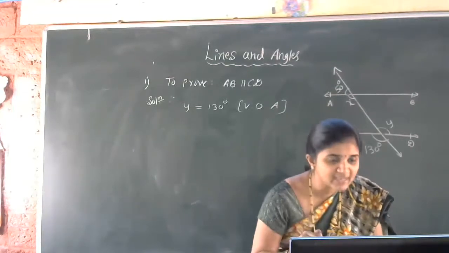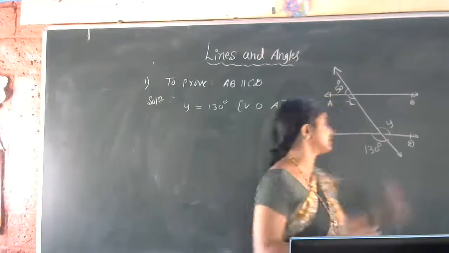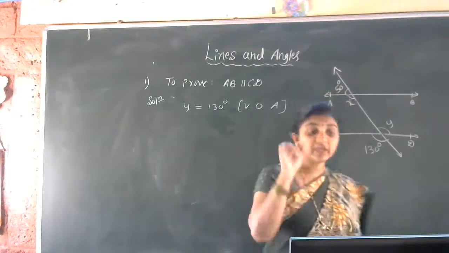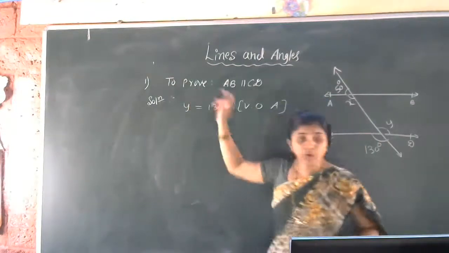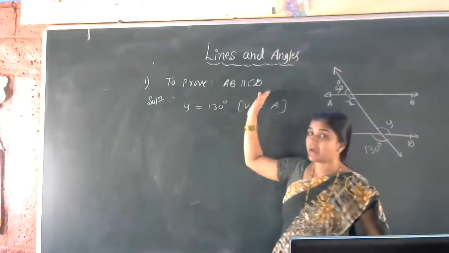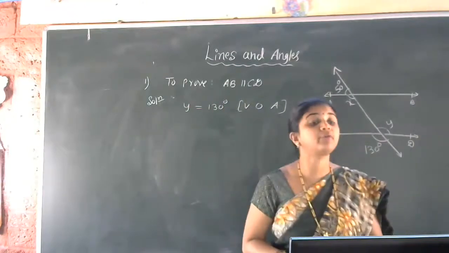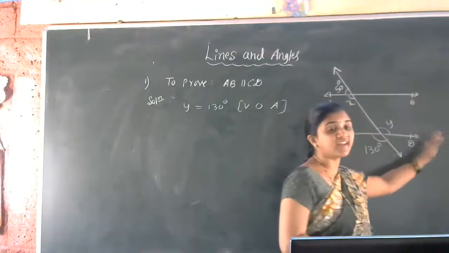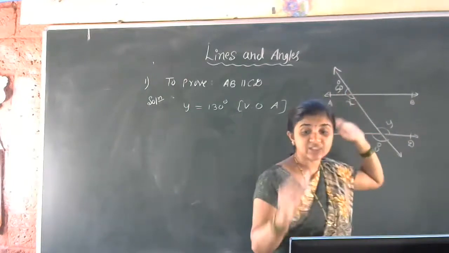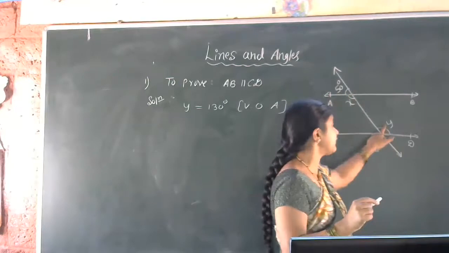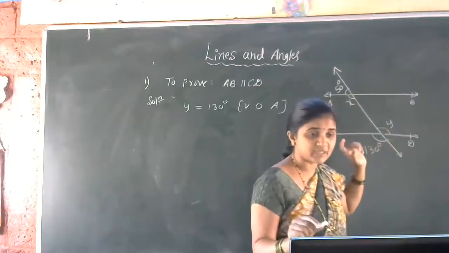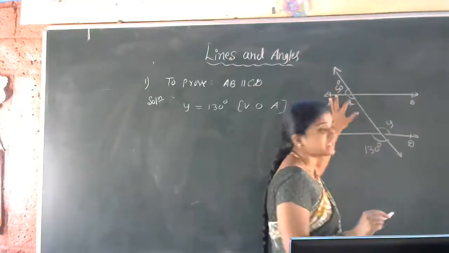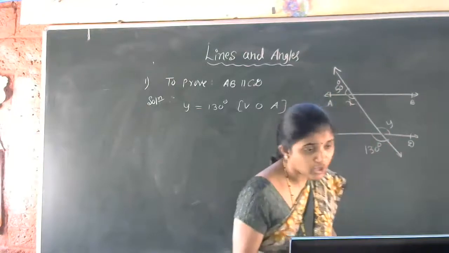That is what we have to prove. That's why for y we used vertically opposite angles, and for x we have to use the linear pair concept only.